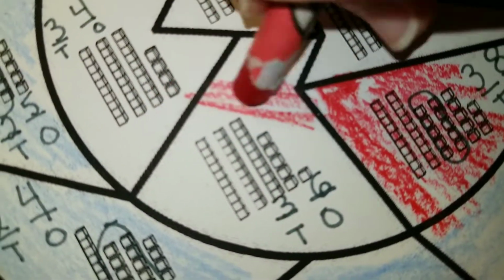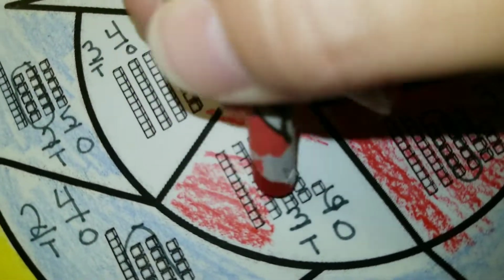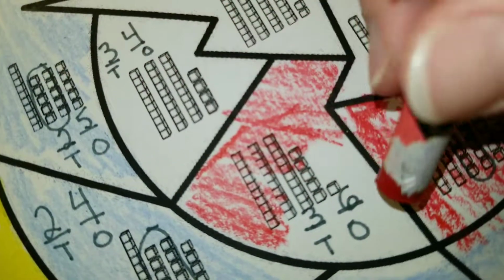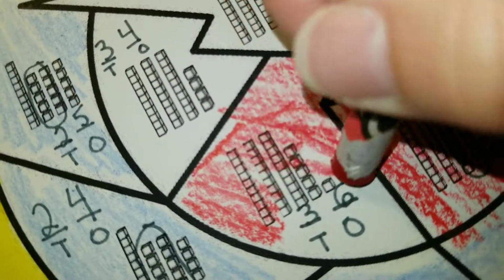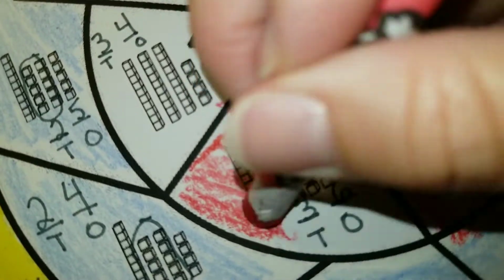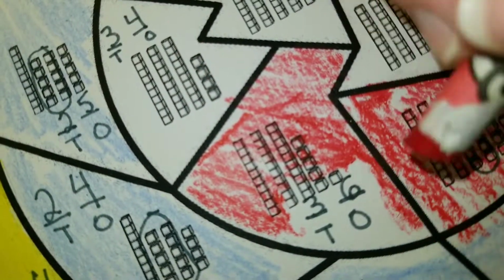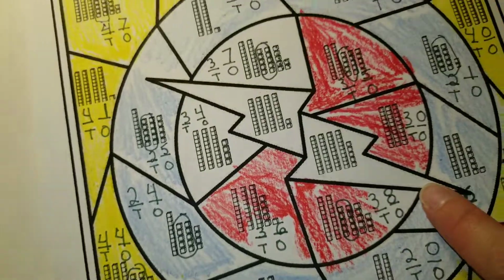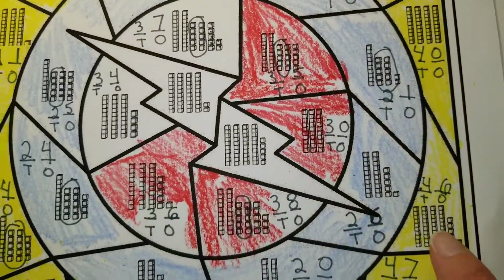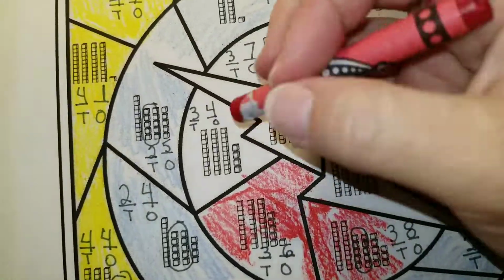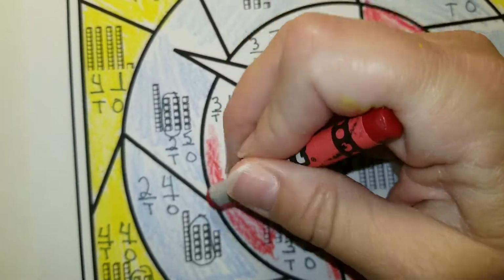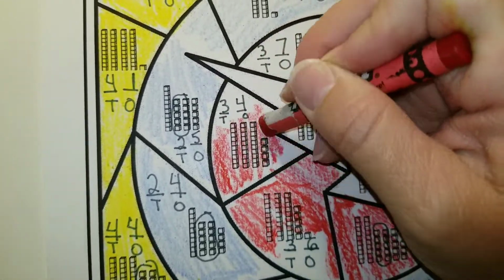I need you to be able to see it. And at the end, boys and girls, you are going to see how cute this is going to look. And see, I'm leaving all these numbers because it's really easy to see through the yellow and through the blue, but not through the red. I want you to be able to see your numbers.